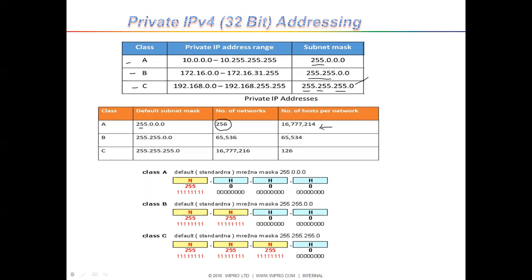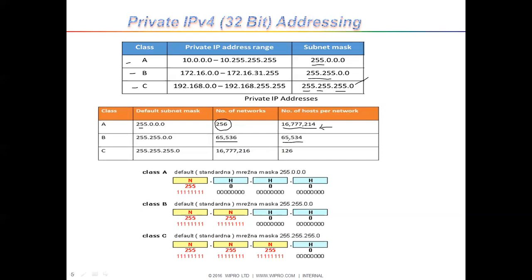In class A, you can create this many hosts in one network. In class B, you can have this many networks, and you can create 65,534 hosts. That much of computers you can assign an IP address in one network.